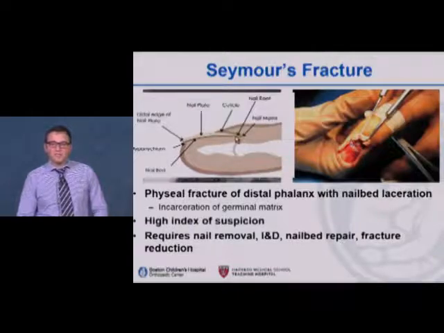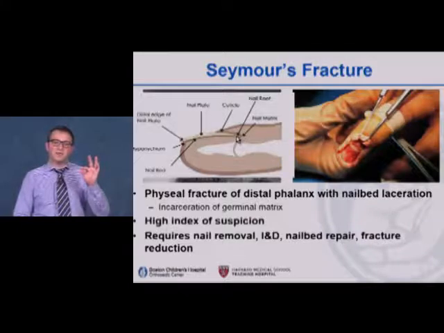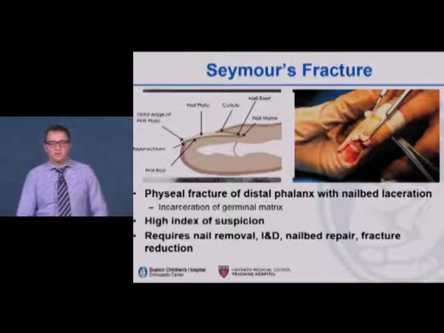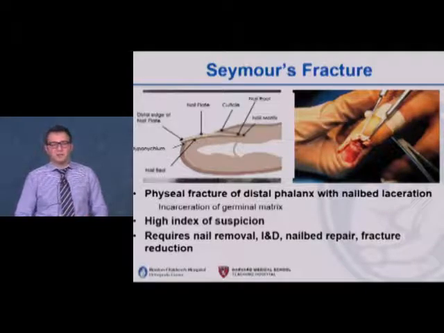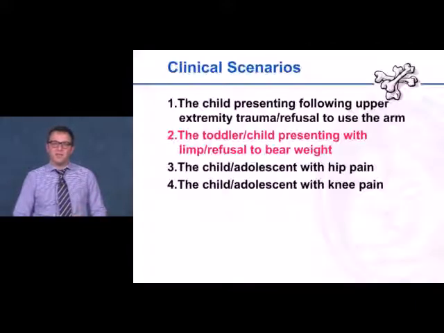But you need to stick something in there to keep it stented open. If it heals together, the nail will grow in a very awkward shape and cause disfigurement for the patient. So the goal is to try and splint that open, and that's where we use the nail to put it back in, or tin foil or some other inert substance just as a splint, and that splint is really only necessary for 5 days.